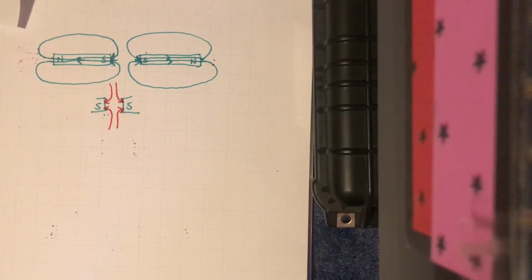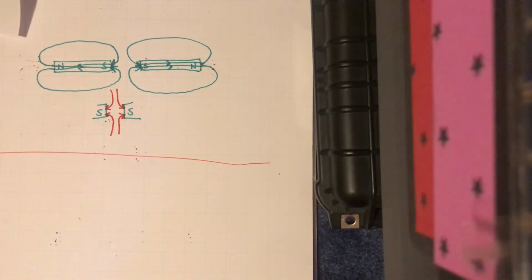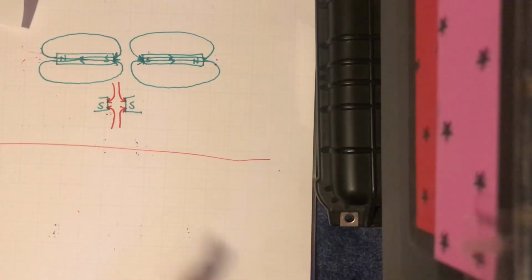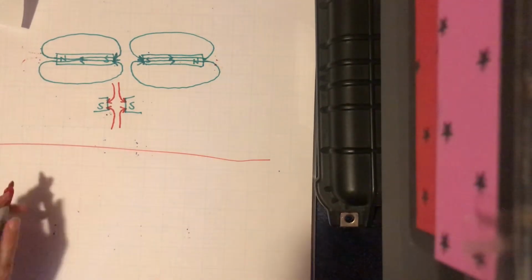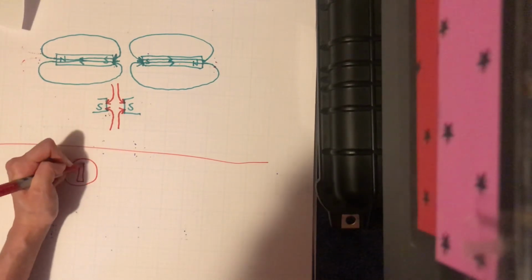Okay. So the other point that I want to make is, if you've ever used a compass to figure out where you are or which way you're traveling, again, just remember the way a compass works.